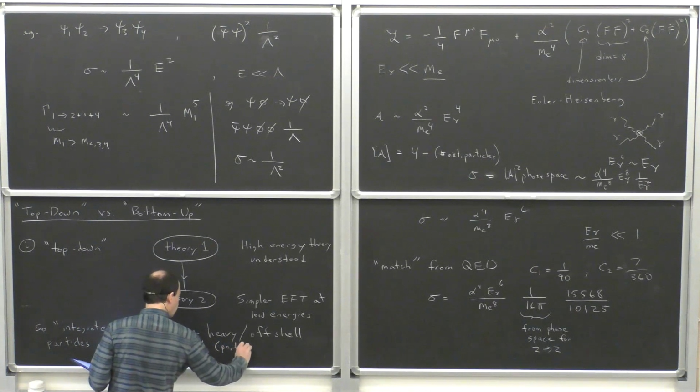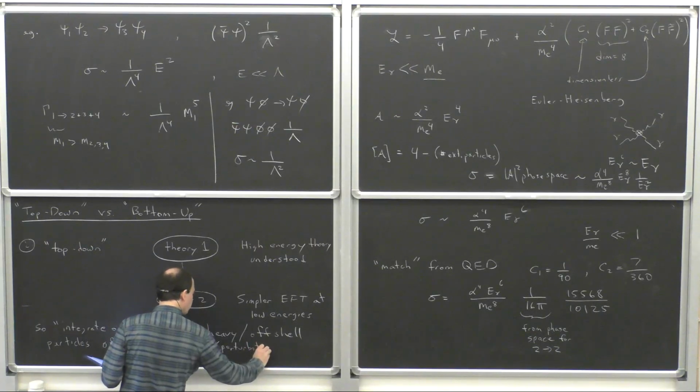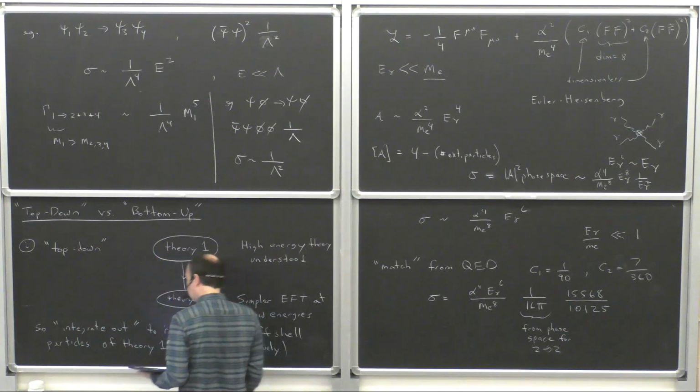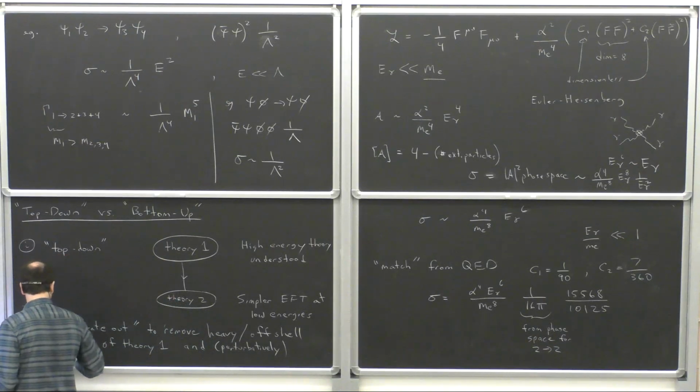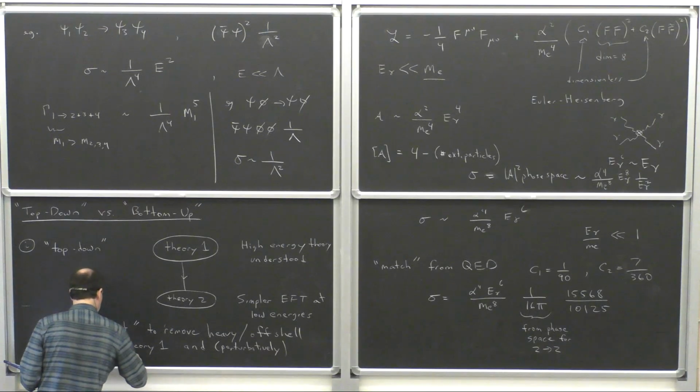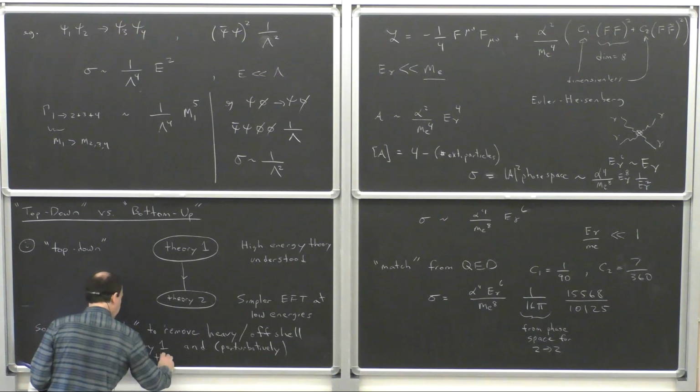And by doing that, we can typically do that procedure perturbatively in the quantum field theory sense. And by doing that perturbatively, we can match this language onto theory 2.